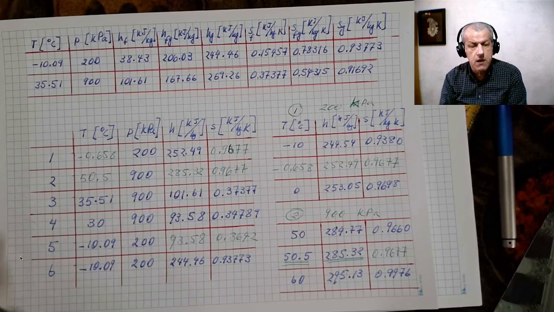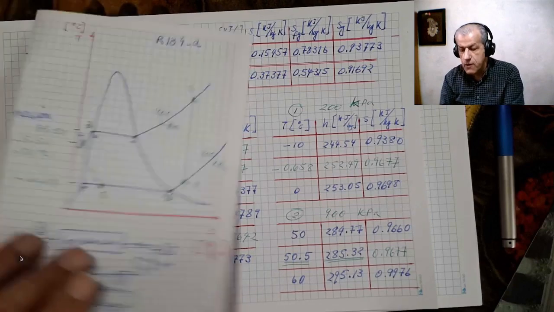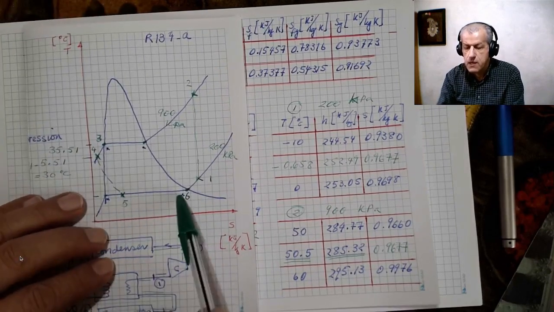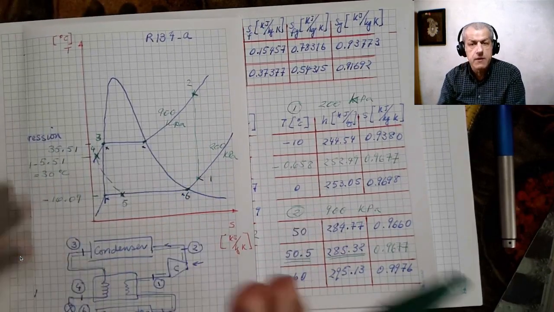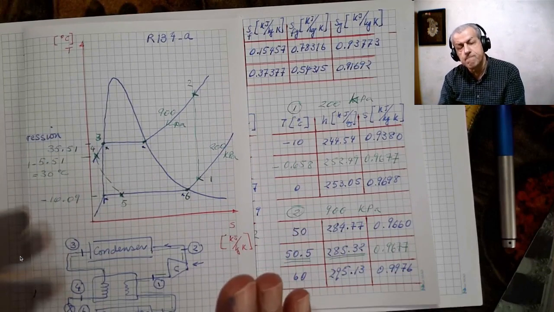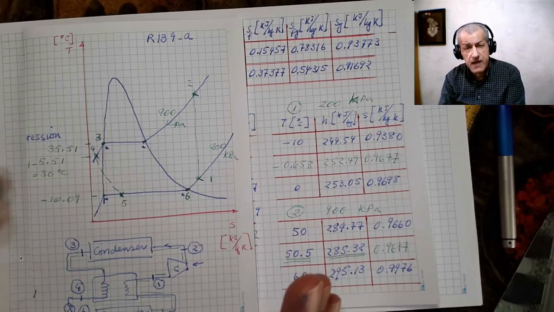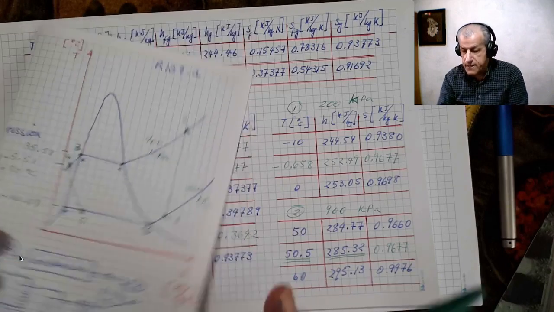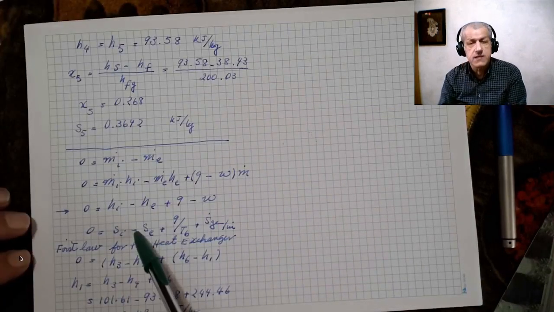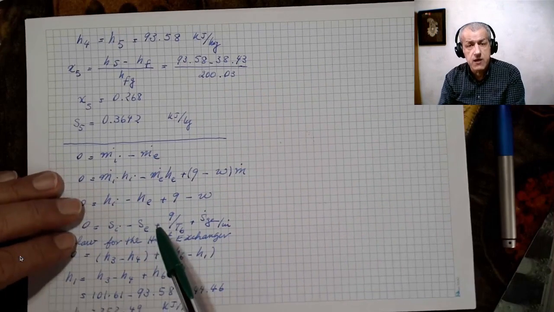So we now have all the knowledge of the different points of our cycle. For every point in our cycle, we have the enthalpy and the entropy. We have calculated the properties. We have written down the equations and simplified our governing equations.